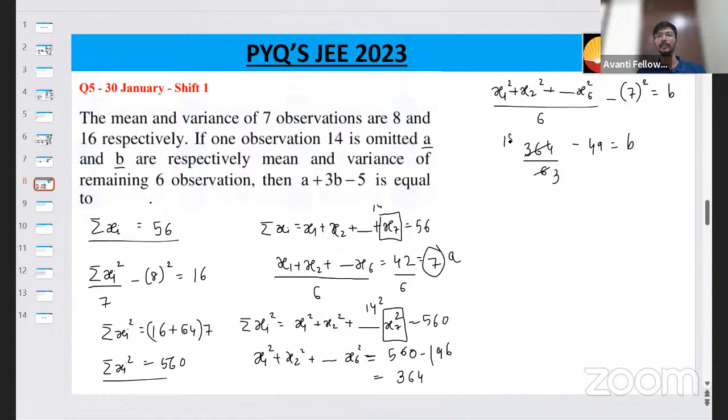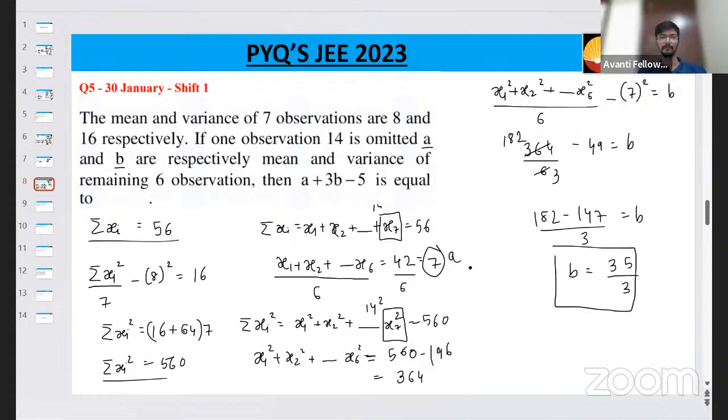It is 182 minus 147 by 3 is B. So we got B as 35 by 3. So A plus 3B minus 5, 7 plus 35 minus 5, is equal to 37, is my answer.